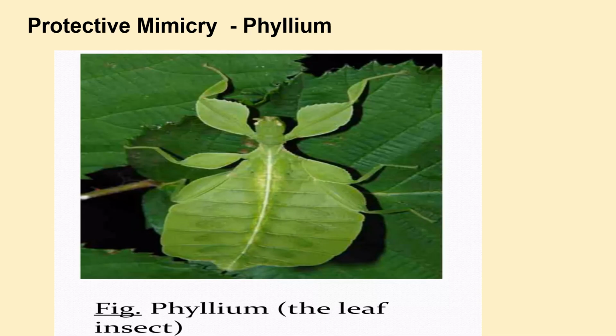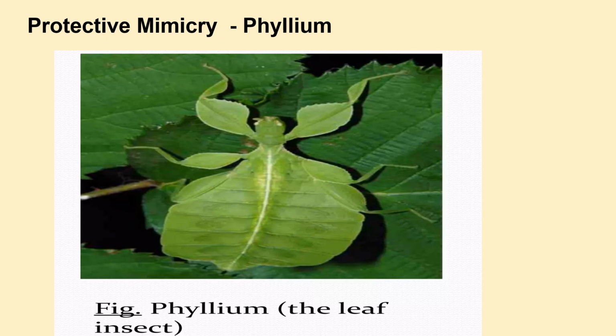Protective mimicry. Protective mimicry is a phenomenon where a species imitates the appearance or behavior of another species or its surroundings to avoid predation. When mimicry offers protection to the mimic, it is called protective mimicry. Example, Phyllium, commonly known as the leaf insect.